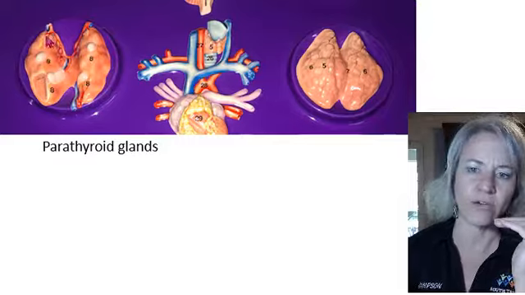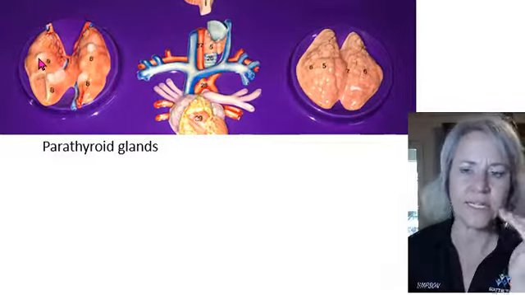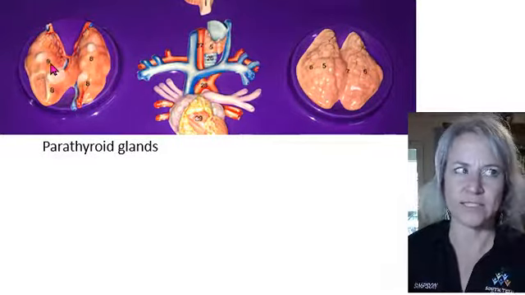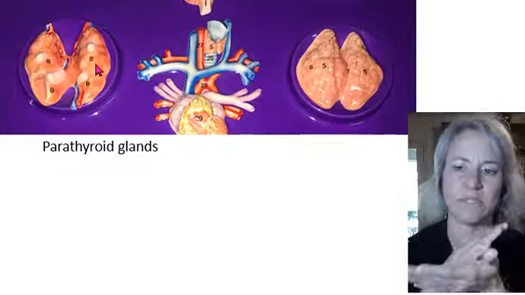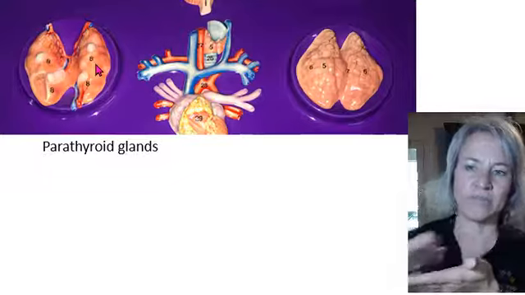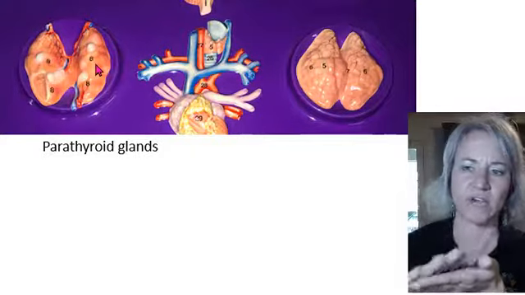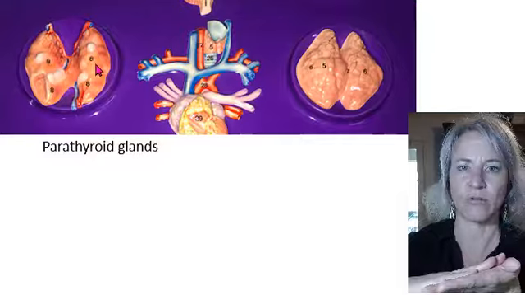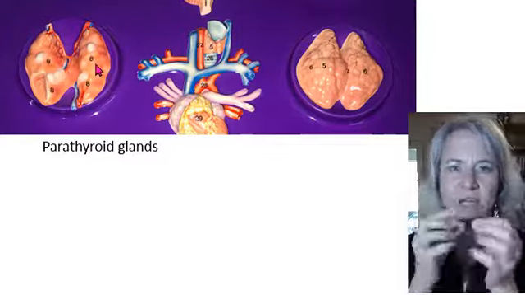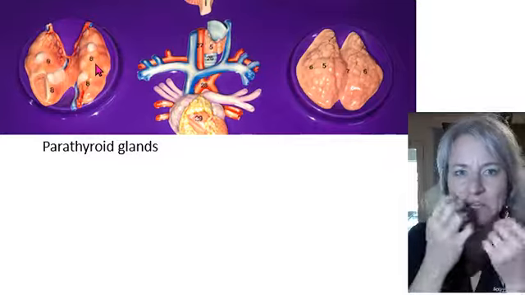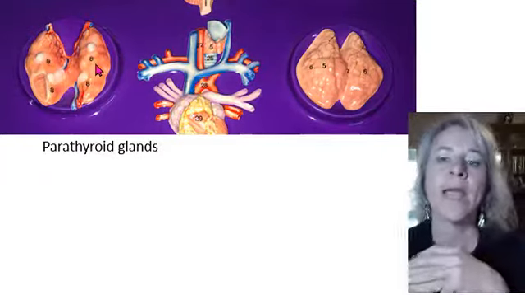Here on the model, they have them in white, but really and truly you cannot tell the parathyroid apart from the thyroid. The only way you can see them is to section that thyroid and look at it under a microscope, and then you can say, oh, this is a different tissue. But just looking at the thyroid, you cannot differentiate between the two.